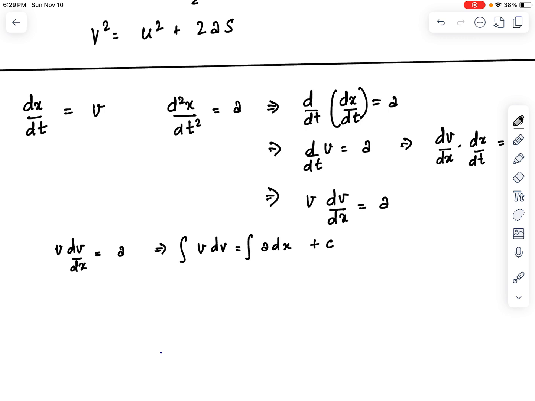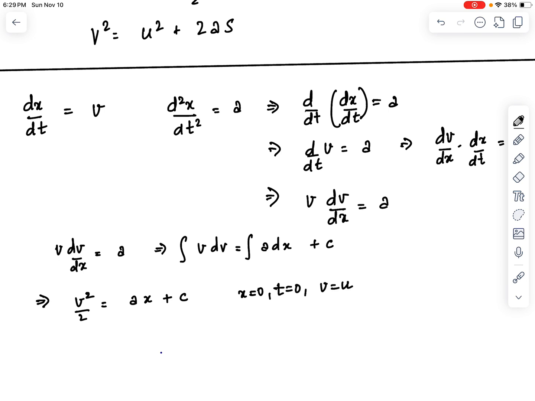The left side becomes v squared divided by 2 equals a times x plus c, where x is the distance traveled. Now when x is 0, that is at 0 time, the velocity is the initial velocity.